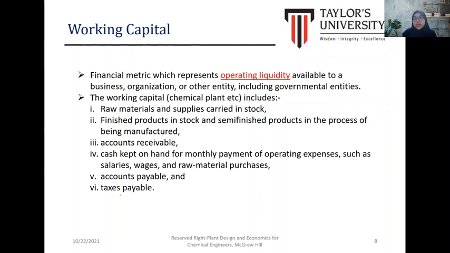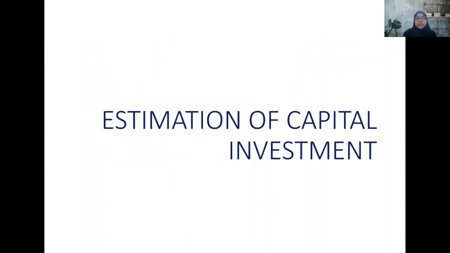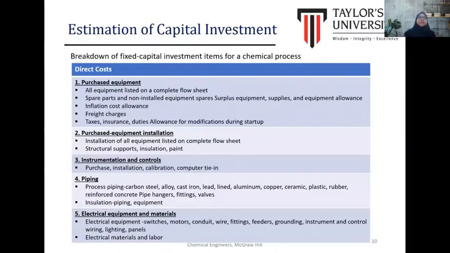And also the tax payable, that we should include as a cost to ensure the process plant can be operated. Okay, the next topic is the estimation of capital investment.